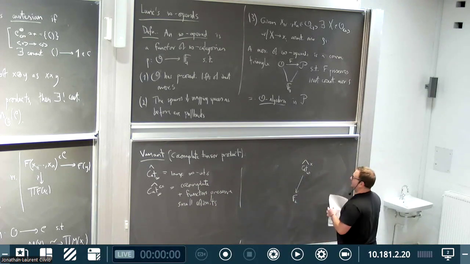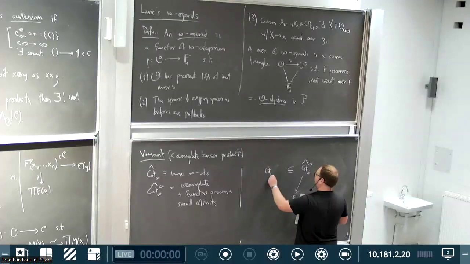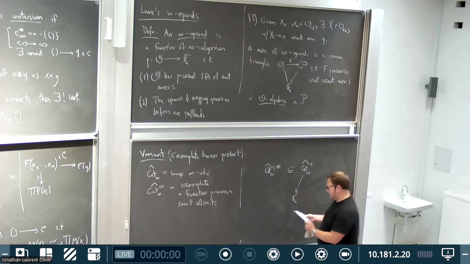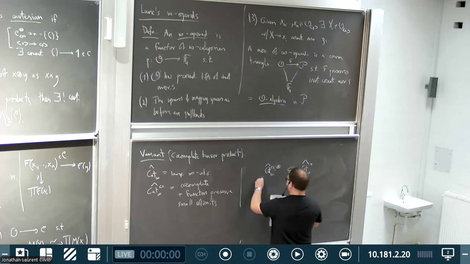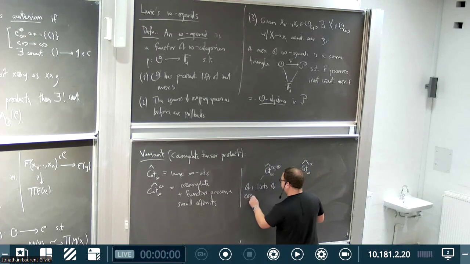And then I can look at the subobject of that, which I'm going to denote as hat infinity co-complete tensor. And so this will have objects corresponding to lists of complete infinity categories.